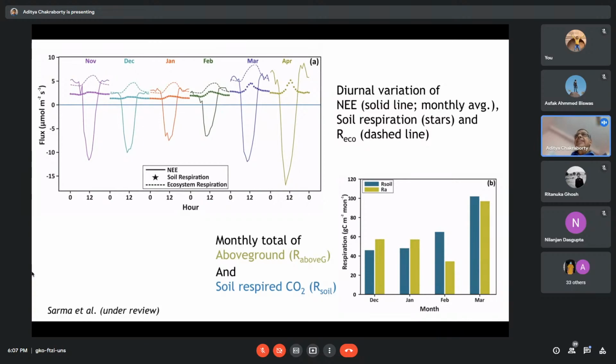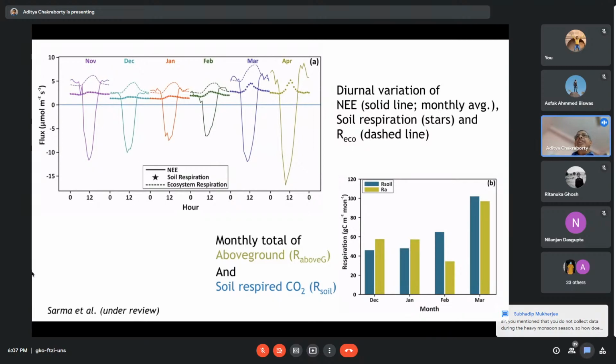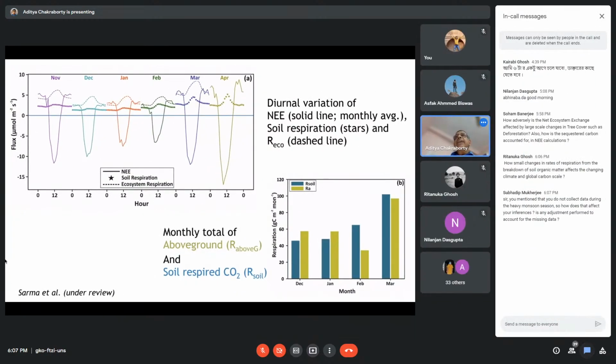Another reason is also a hypothesis. Grasses, which comprise almost 60% of the entire ecosystem, generally die after the post-monsoon season, but their roots remain alive for a long time, and then slowly they also decay, but over longer time scales. When they decay, they also emit a huge amount of carbon dioxide.